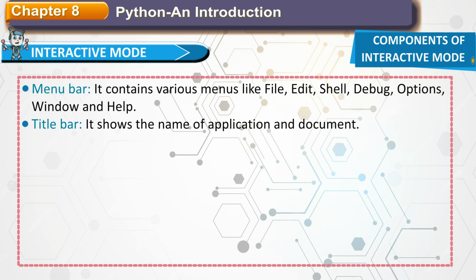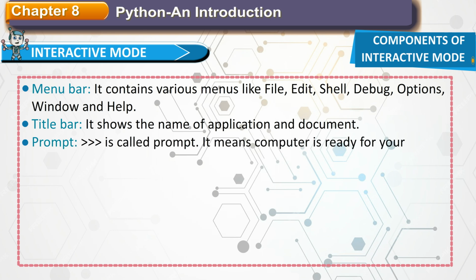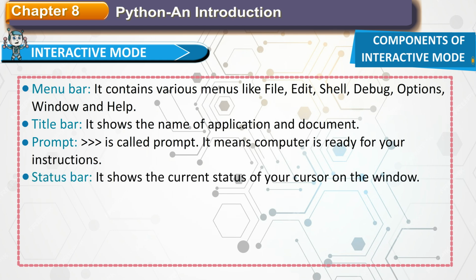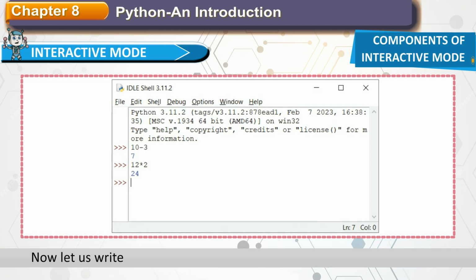It shows the name of the application and document. Prompt. The prompt means the computer is ready for your instructions. Status bar. It shows the current status of your cursor on the window. Now let us write commands in interactive mode and see the output.